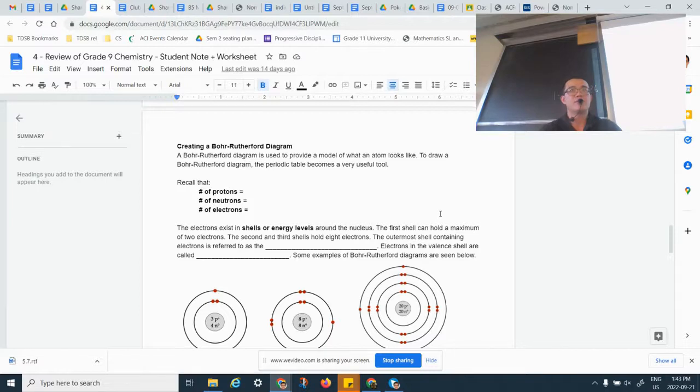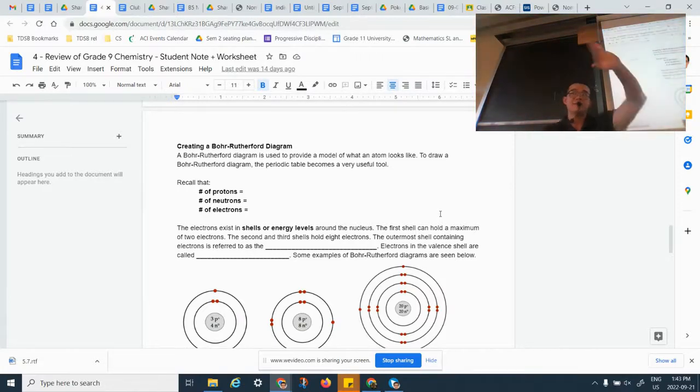Sometimes I could ask: I have this element and it has electron arrangement 2, 8, 1. Which of these elements could it be?